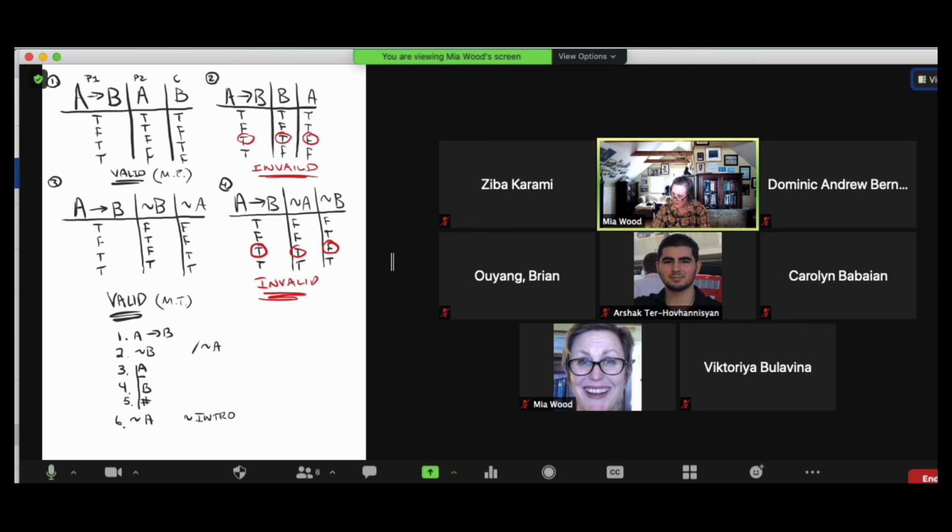So contradiction intro for 2 and 4. And then 4 itself is a conditional elim, which we're going to get to, from 1 and 3. And then as you saw, 3 is an assumption.